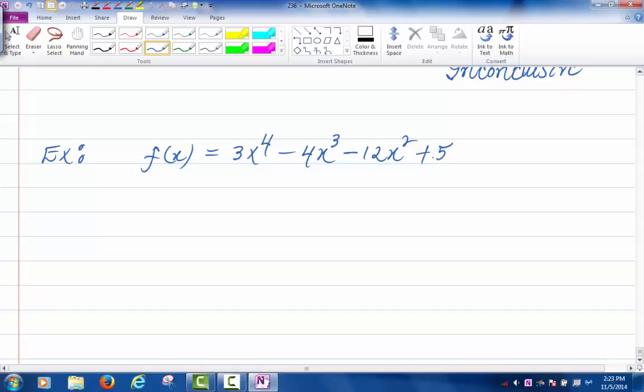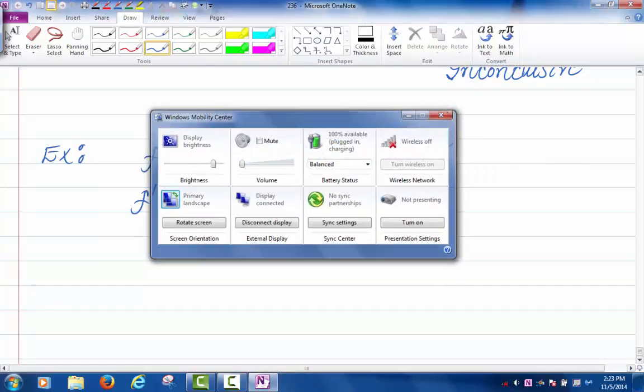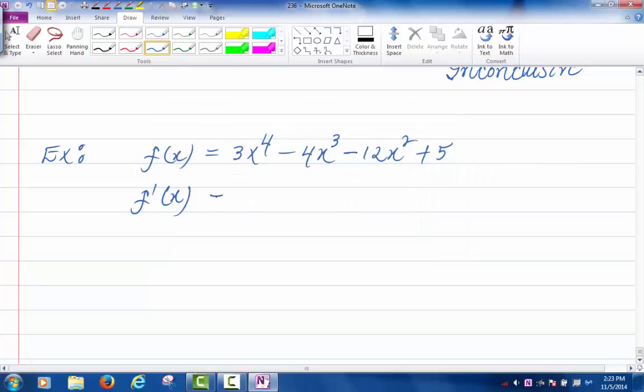This was the function that we had, and we computed the first derivative, and we found that the first derivative was 12x cubed minus 12x squared minus 24x.